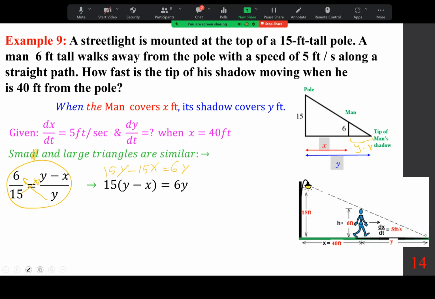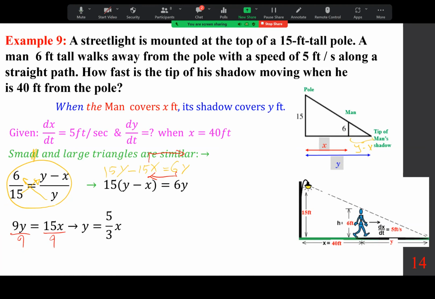I can move this one to the right, it becomes positive. This one to the left becomes negative. We have 9y equals 15x. Divide both sides by 9. 15 over 9 is 5/3 x.